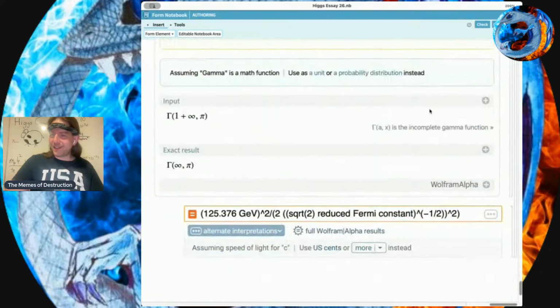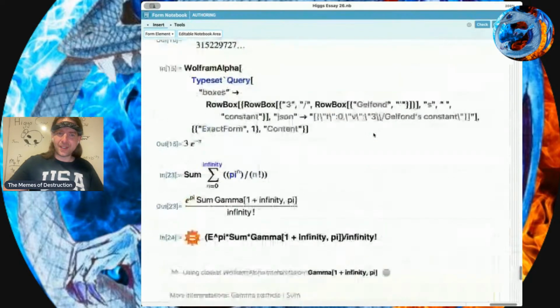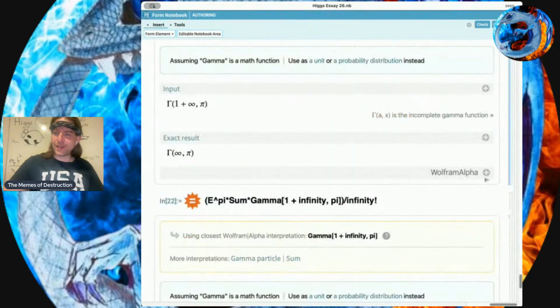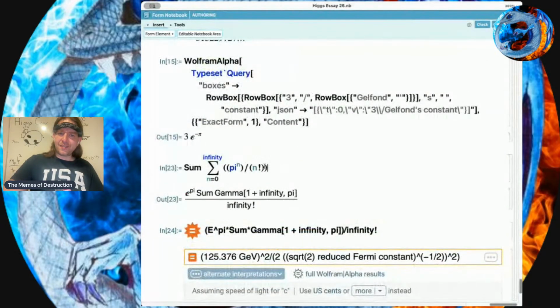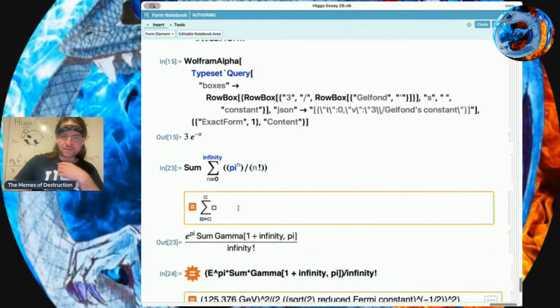It's not giving anything useful. What is it doing? That's a piece of code, at least the code output. User error. Try this again. Actually, let's put this in here and see what happens.